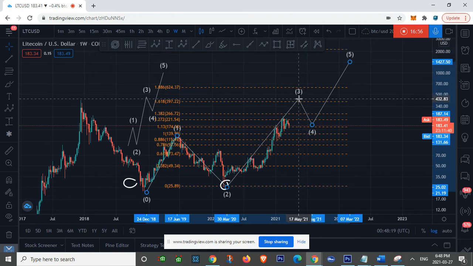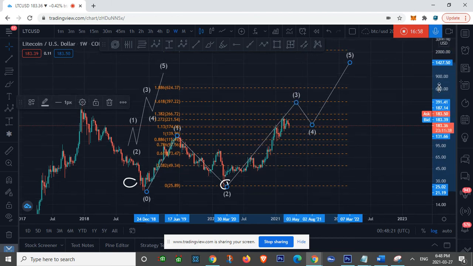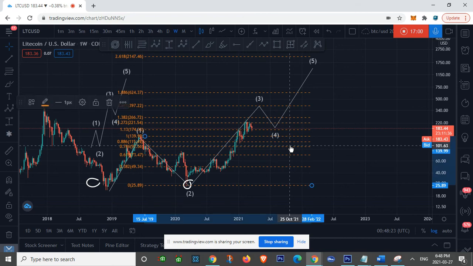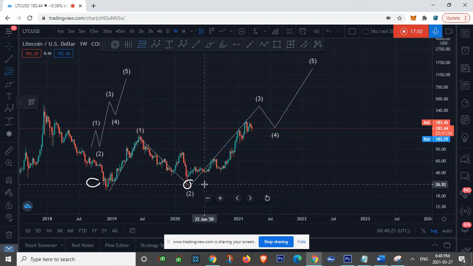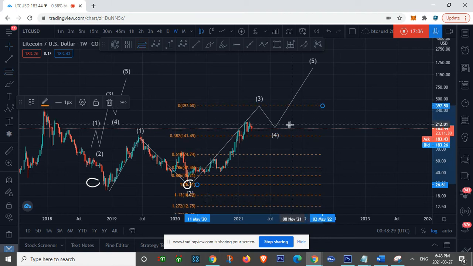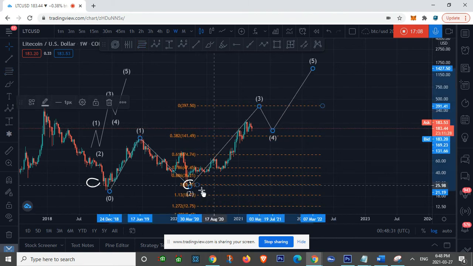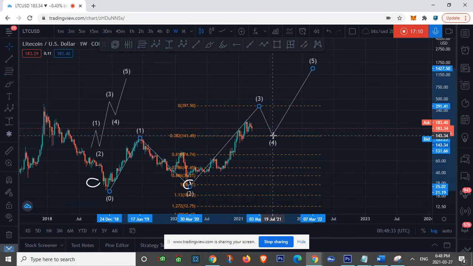We're sticking safe, 1.618. How far is 4th wave going to be? Go ahead, do our thing, measure from low to highest. You're looking at about 0.382. So around, I actually did not notice that, you're looking at about 141 to around $200 for a retracement, 4th wave.